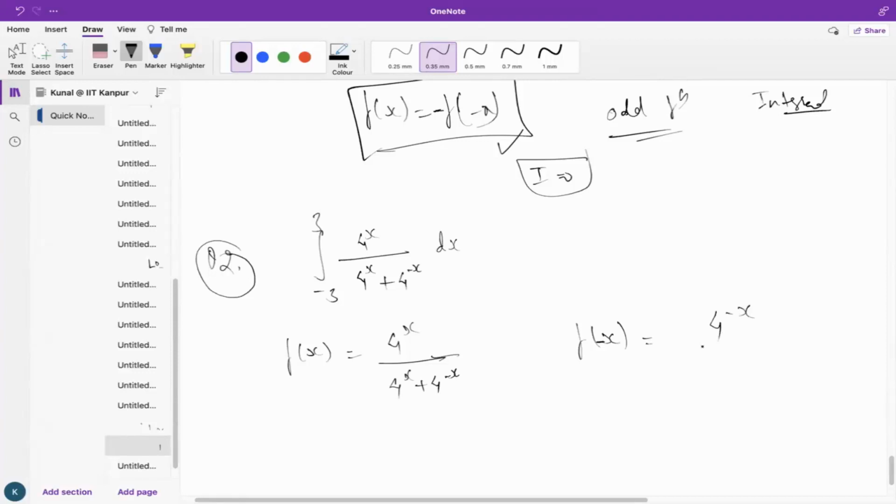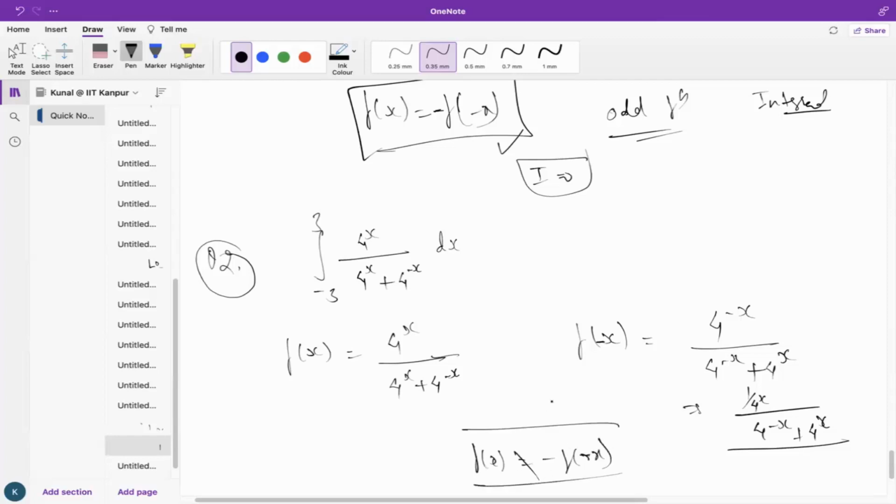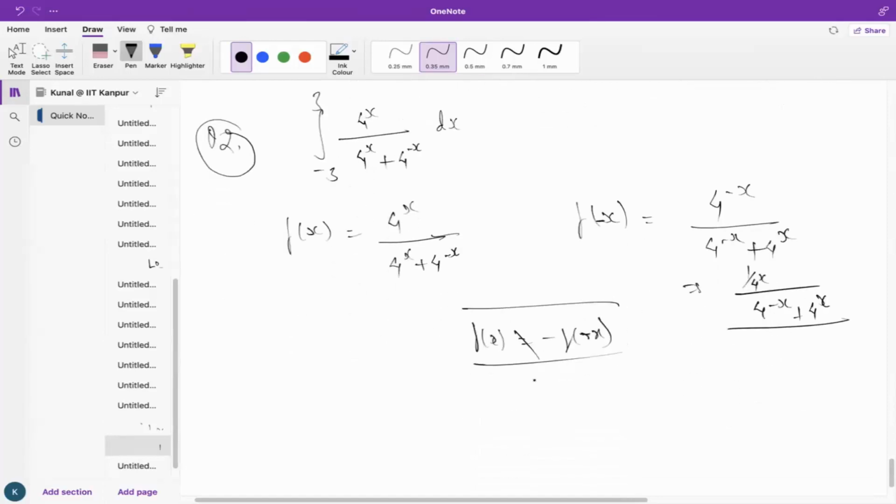So we get 4 to the power minus x by 4 to the power minus x plus 4 to the power x. So if we solve this, what we get? 4 to the power minus x plus 4 to the power x, and 1 by 4 to the power x. We didn't get f(x) equal to -f(-x), right? हमें ऐसा कुछ मिला नहीं. So this function is not an odd function.